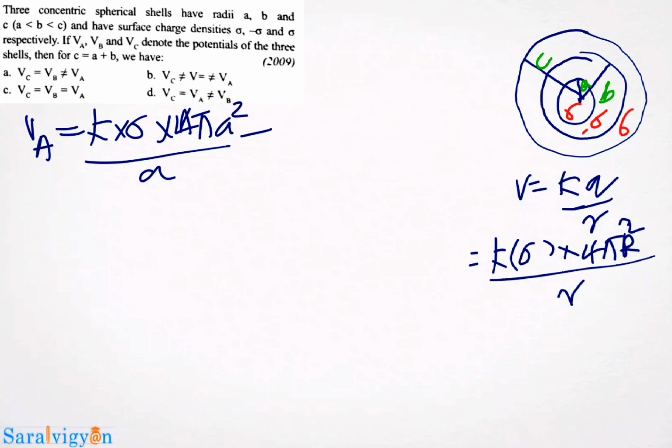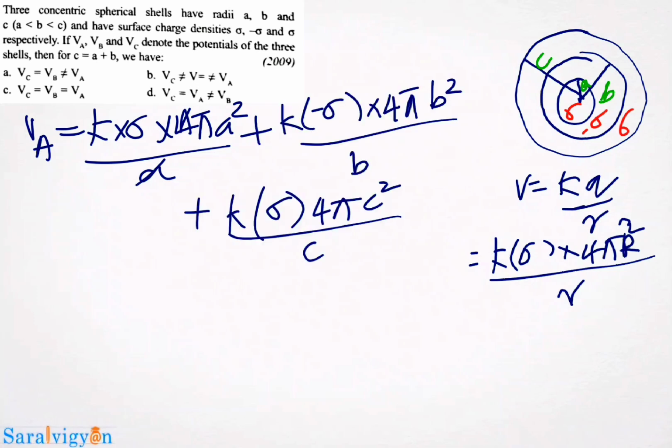So here we can cancel A and A from denominator and numerator, and simplify and write this as K sigma 4 pi into A minus B plus C, which we obtain by taking these things common, and the minus symbol over here is taken as minus B.